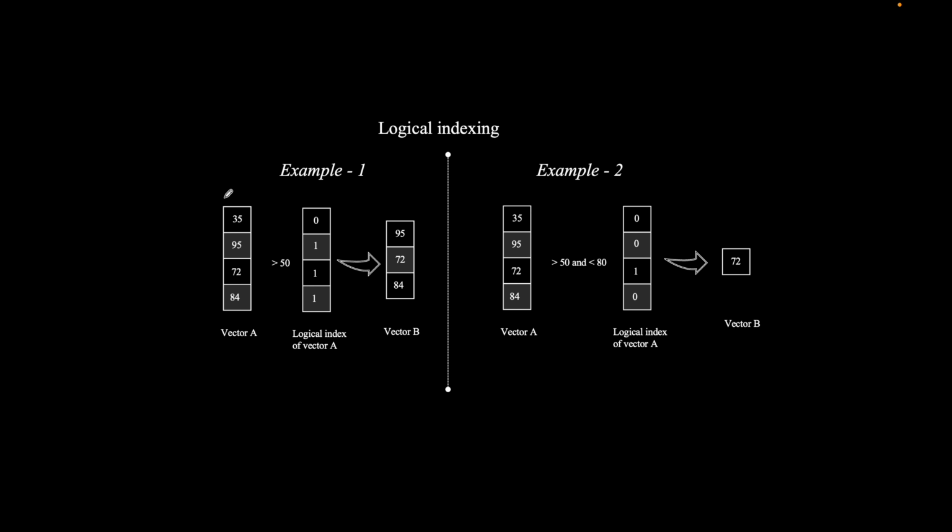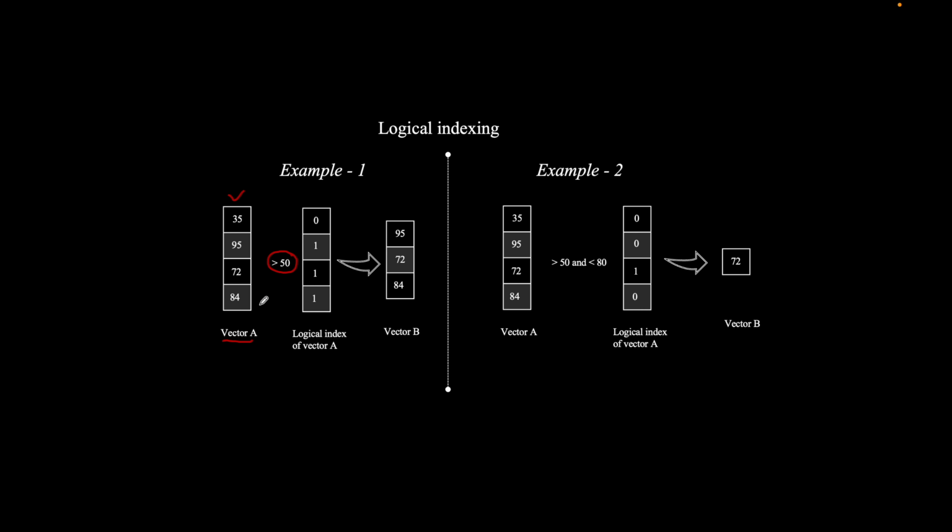Here we have a vector, called vector A in our case. This vector contains 4 elements: first is 35, next is 95, 72 and 84. Our main objective here is to extract the values which are greater than 50.